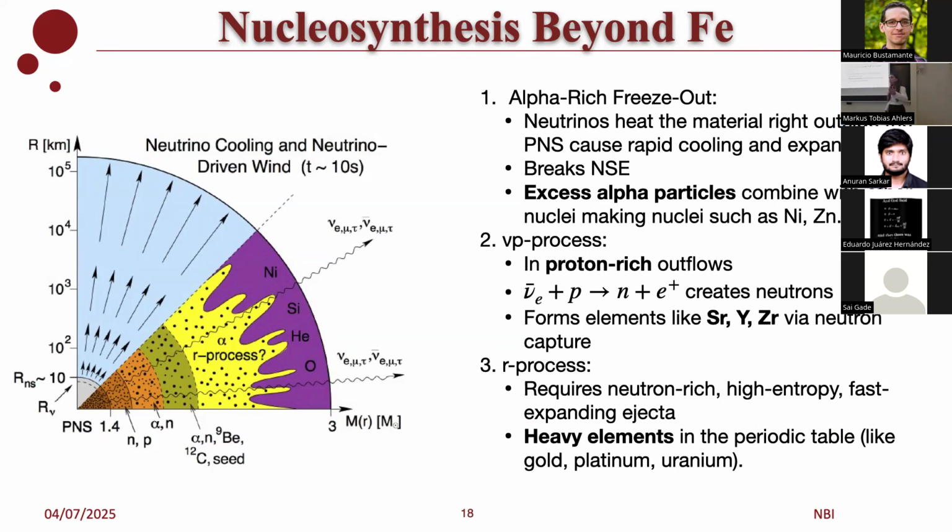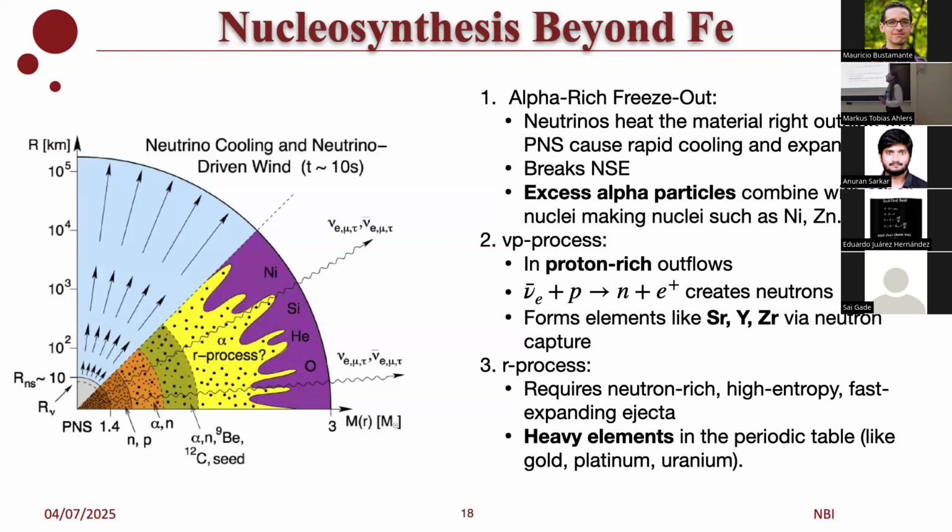So if initially your system was in nuclear statistical equilibrium, due to this rapid cooling and expansion, nuclear statistical equilibrium is broken, and we get an excess of alpha particles there. So now we have a bunch of alpha particles that can be combined with nuclei and produce heavier nuclei like nickel or zinc.